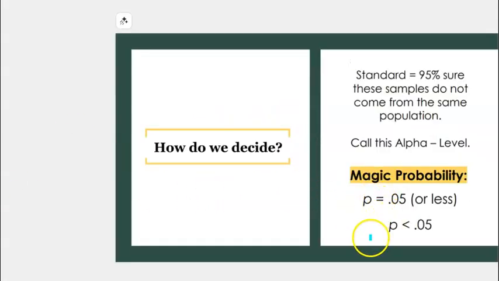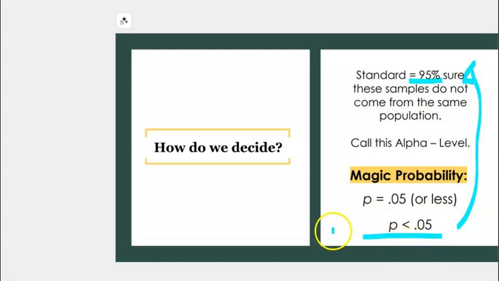So the major probability is p is less than 0.05. This is how you decide: if p is less than 0.05, in other words, it is 95% true that there is a significant difference between the null hypothesis and the alternative hypothesis.